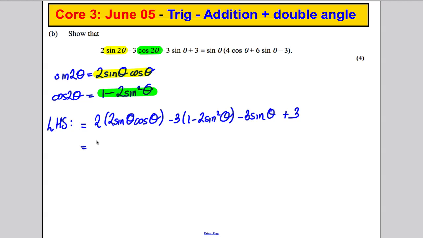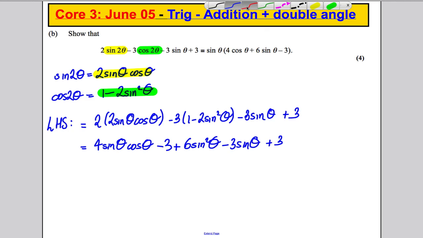Okay, tidying that up, that's 4 sine theta cos theta, subtract 3, plus 6 sine squared theta, subtract 3 sine theta plus 3. The negative 3 and the plus 3 cancel each other out, and you have got a factor of sine theta in everything, so you can factorize out a sine theta.